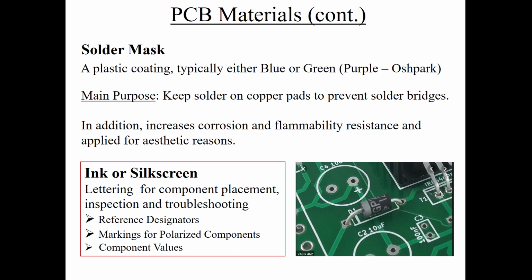So the solder mask is to keep the solder in place, where it should be. It's also the solder mask that gives the board its color, so additionally, it makes the board look nice. It also increases your corrosion and flammability resistance somewhat. But again, the main purpose is to prevent solder bridges.